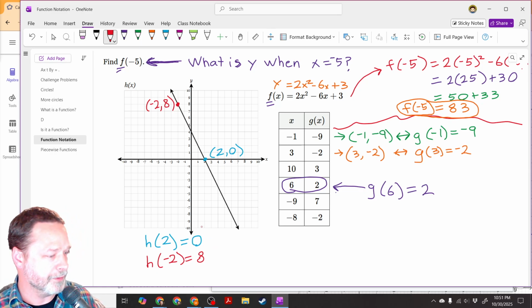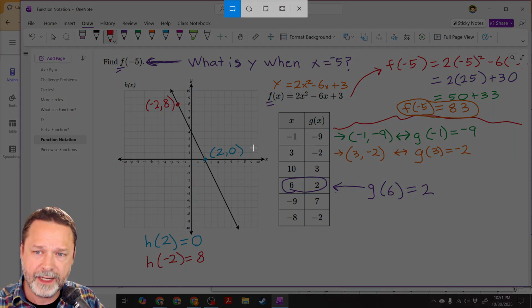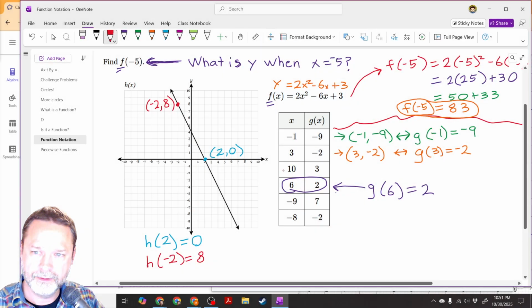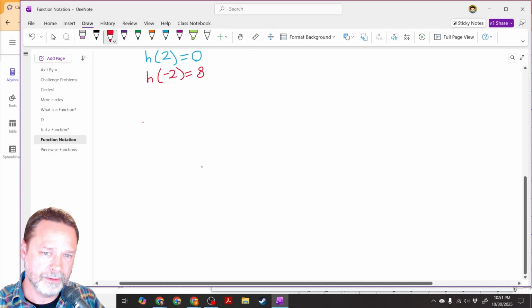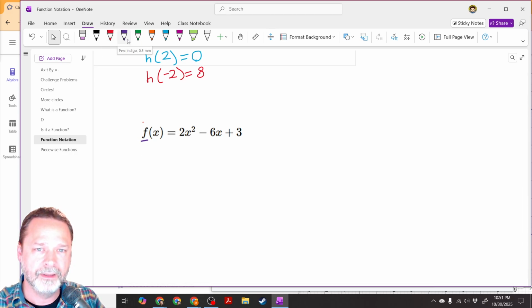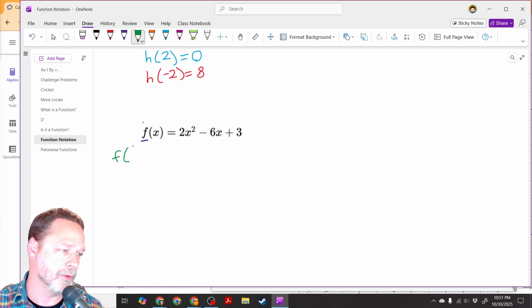Now I want to do one more thing. Function notation is very, very powerful. It's very useful. So let's take a look at this guy right here. And let's say I want to get f of something a little bit more complicated.